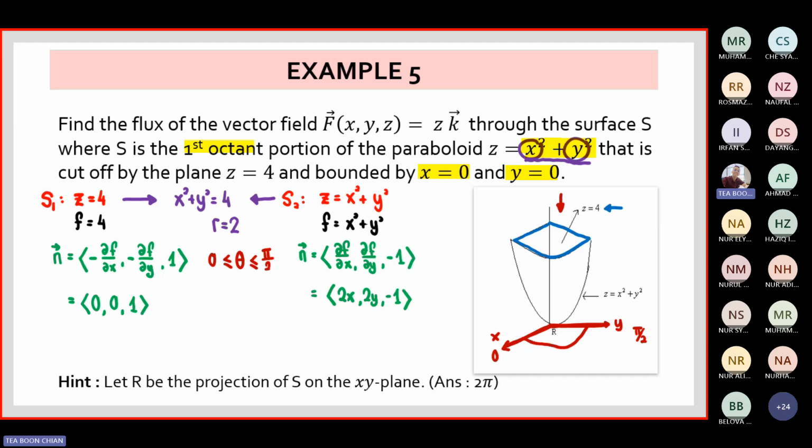Now, we have all the information that we need. It's time to compute the surfaces S1 and S2. So first, surface S1 is given by a double integral. Always try to write out the formula so that you can take care of what you substitute. This is the integration from 0 to pi over 2. Because I already know I need polar coordinate, this is the integral from 0 to 2 for radius.